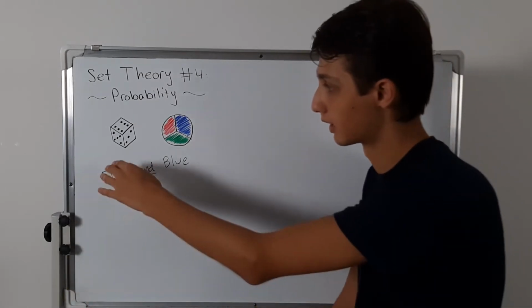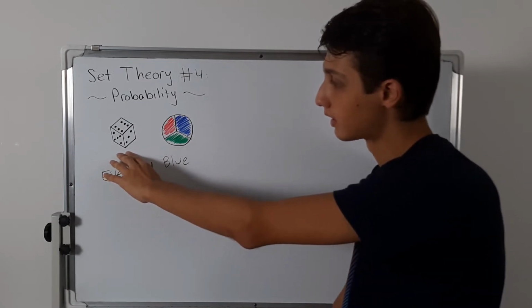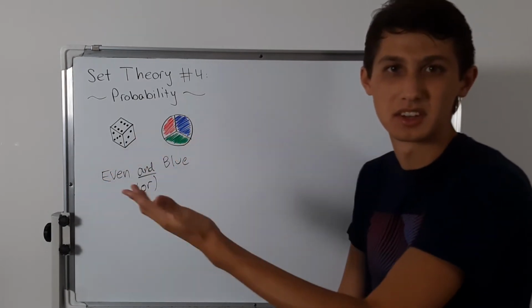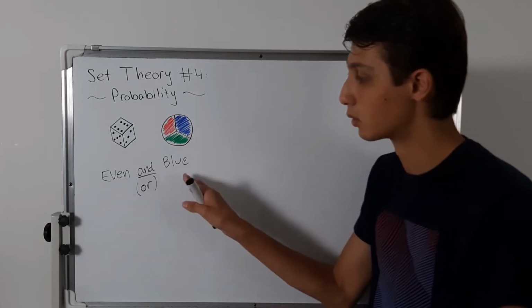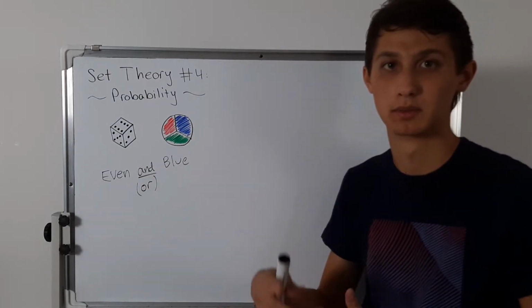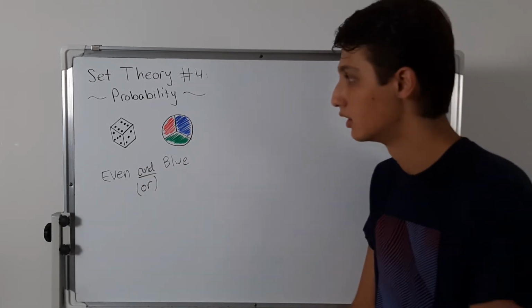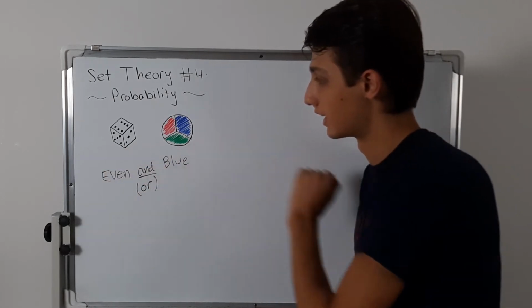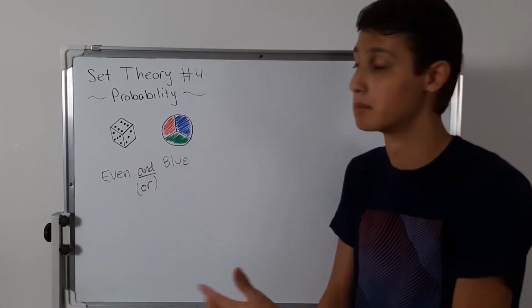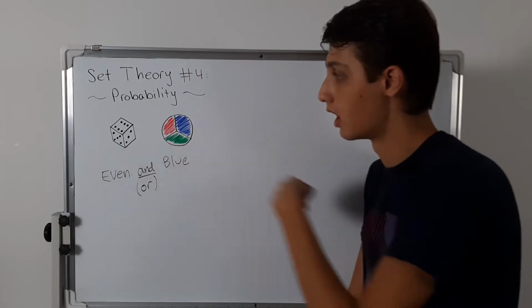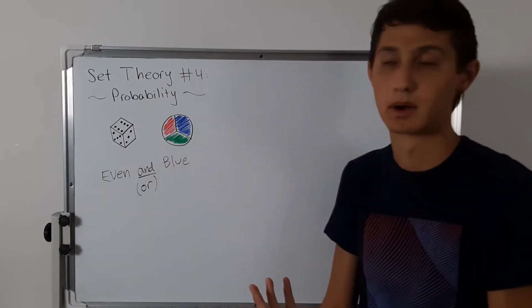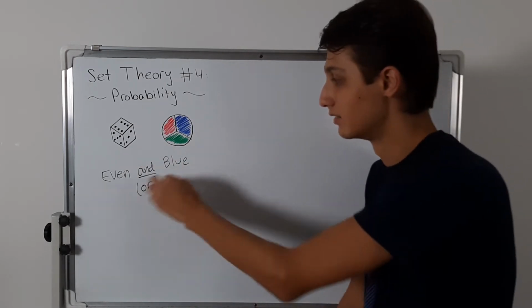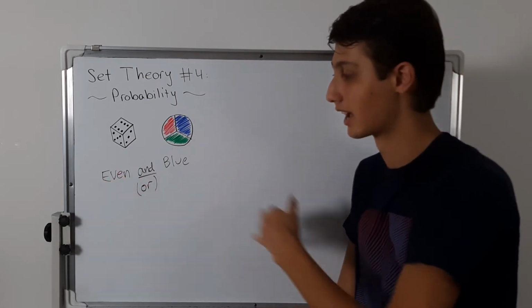I could get an even number here and any other color, because it doesn't matter. If I'm saying just even or blue, then I'm really asking for one of the conditions to be met. So I could get an even and a green, and that would count towards my probability. Or I could get a blue and an odd number, and that would also count. Or, of course, I can get even and blue, that still counts with the "or."